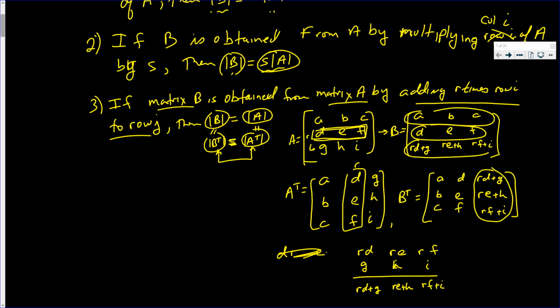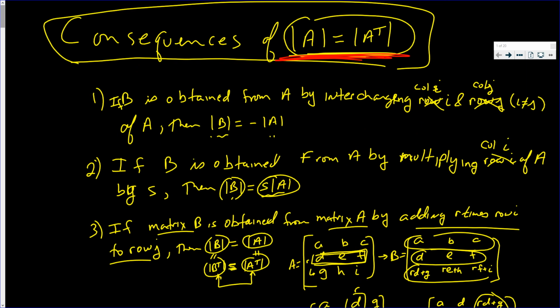That's exactly what we got. You're just tilting the matrix, it's still going to follow. Any theorem that you can say about the rows of A or B, you can say the same about the columns.